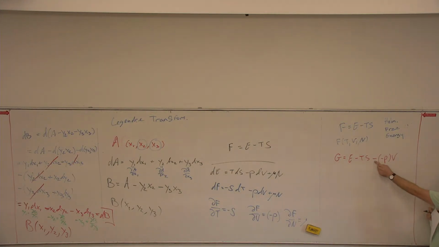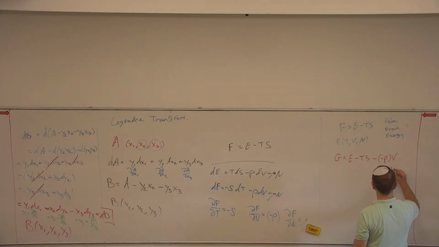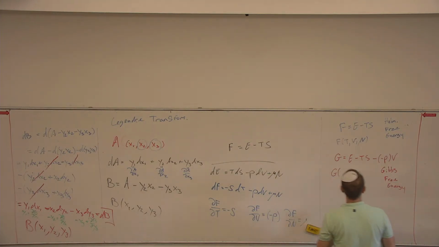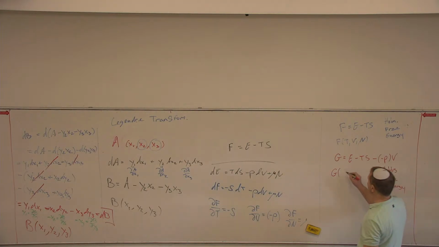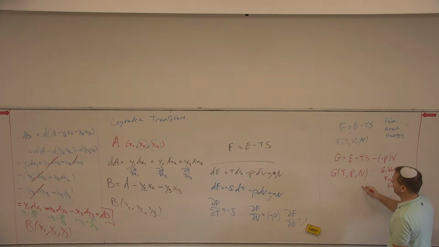So it will look as if I'm adding plus PV, but it's just because the intensive variable, or intensive force, is minus P and not plus P. And this is Gibbs free energy. Look, I modified S to T and I modified V to P. So it's going to be a function of T, P, and N.